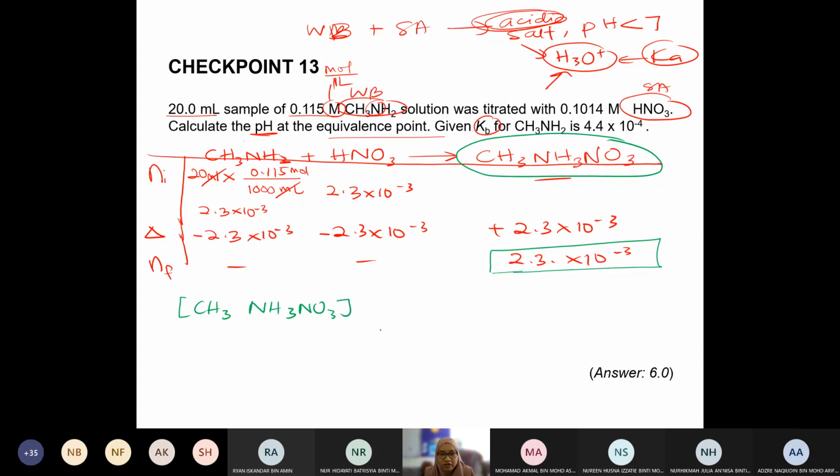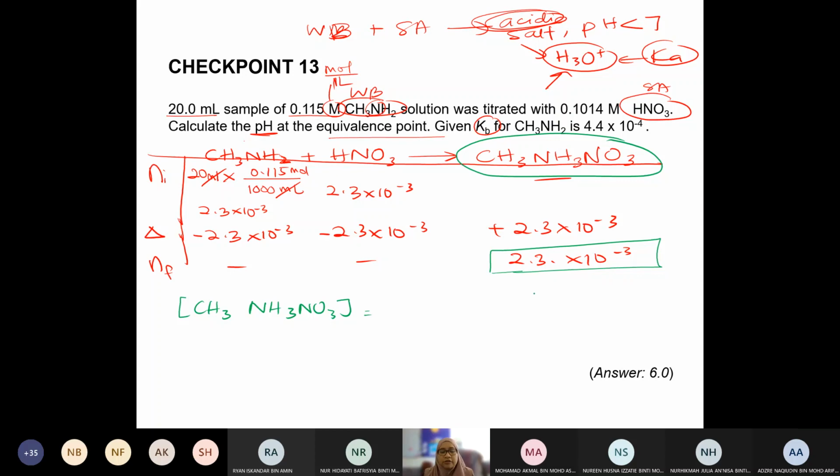Okay, the new concentration of the salt, because you know both solution initially they have different volume, and then when they are added in the same container, of course the volume will change.